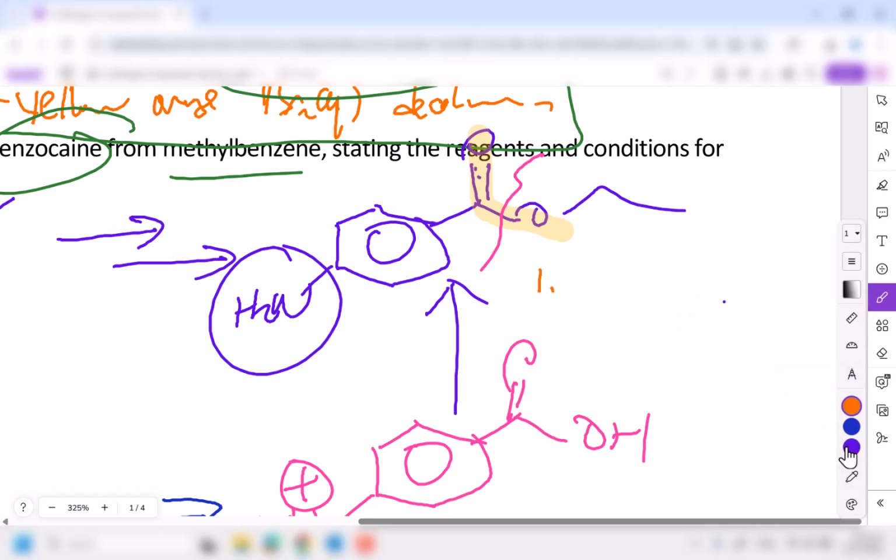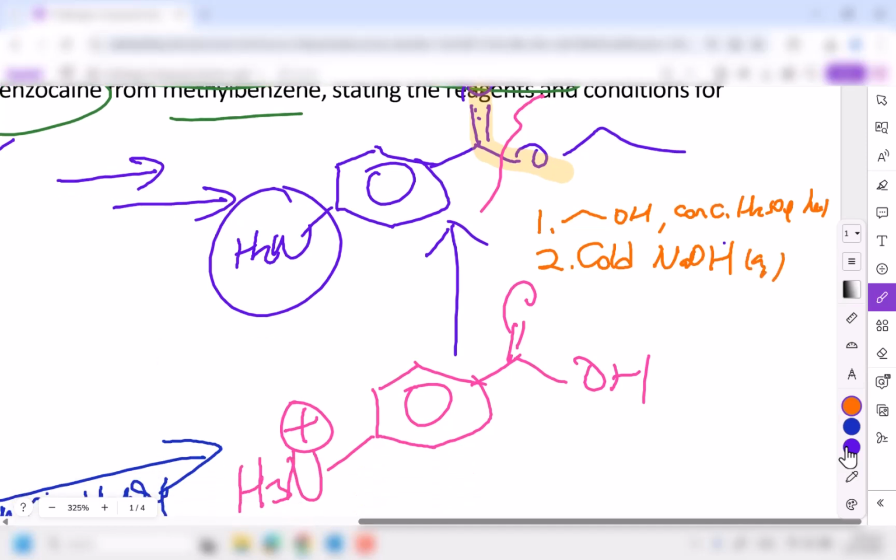First of all, the usual condition: ethanol with conc sulfuric acid, heat. Then the second step, I'm going to add in cold sodium hydroxide. The cold sodium hydroxide's purpose is really to deprotonate the protonated phenylamine as well as remove any excess acid that is present.